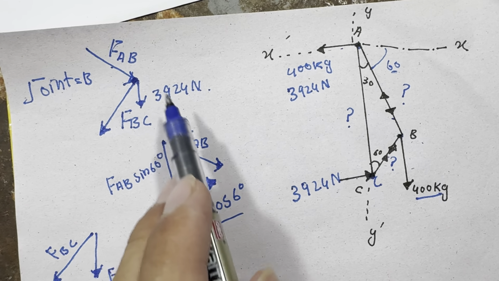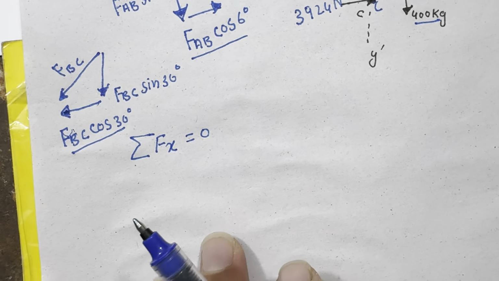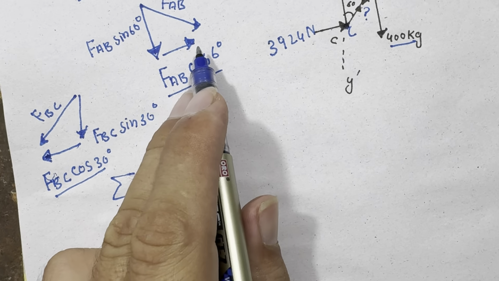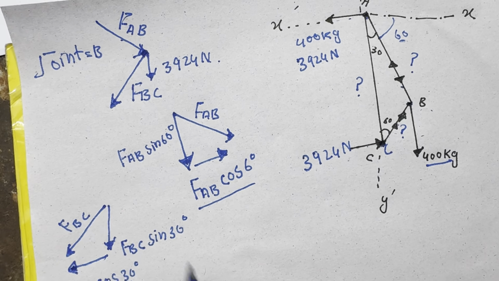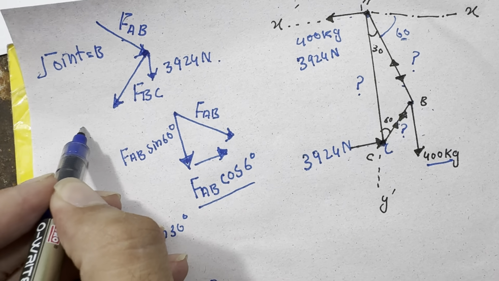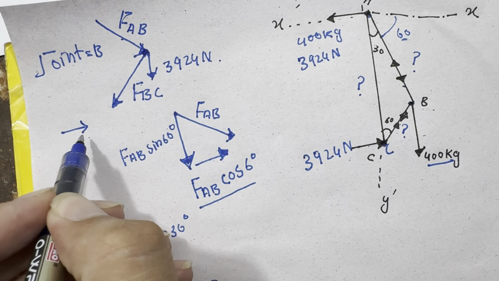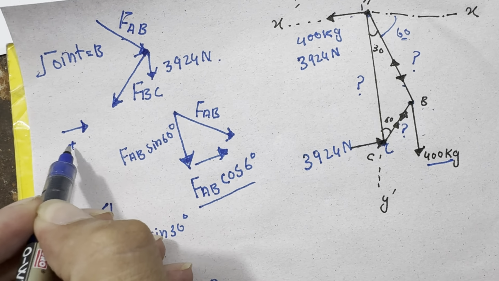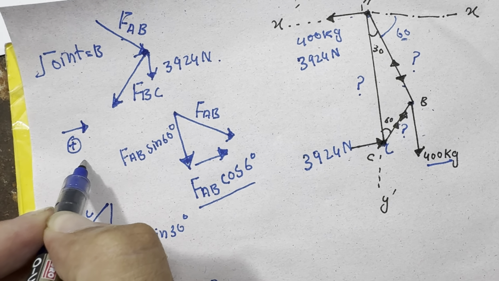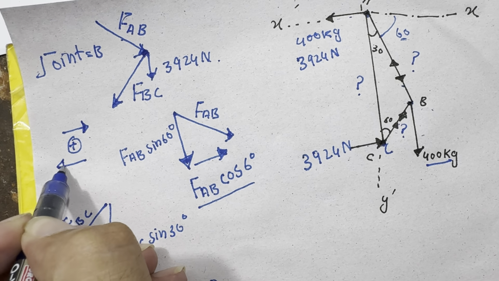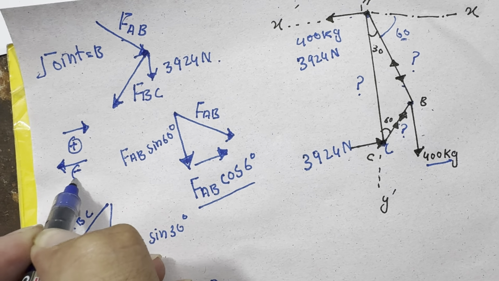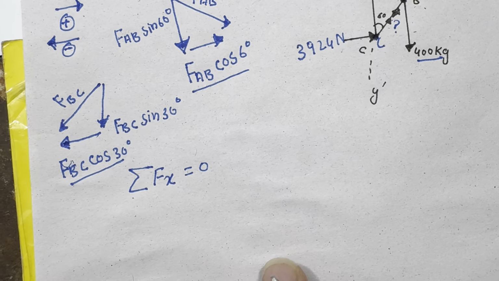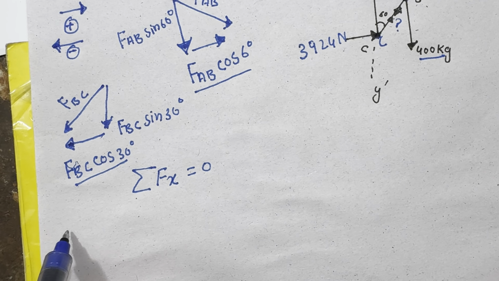There is no other horizontal force in this joint. If my force is directed toward right, I will take it as positive. If my force is directed toward left, I will take it as negative. So this is directed toward right, I will take it as positive.